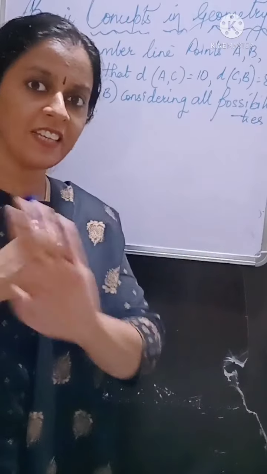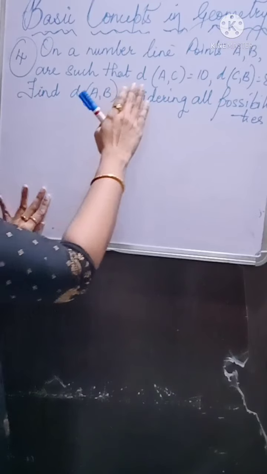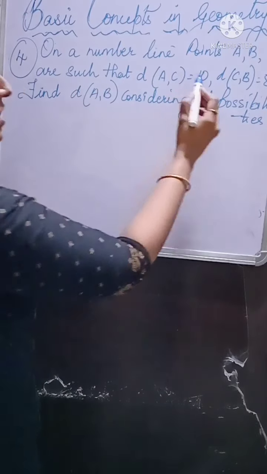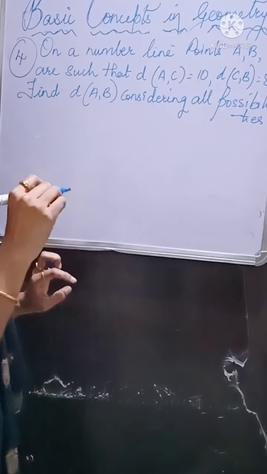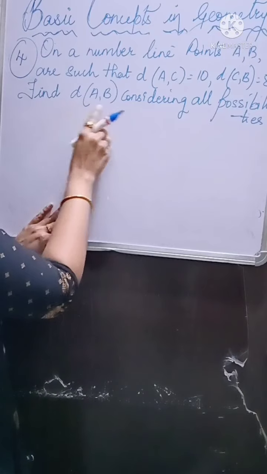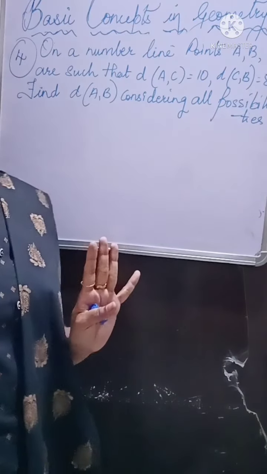Here it is not given like that. They have only said A, B, C. These points A, B, C are such that distance between points A and C is 10. Distance between point C and B is 8. Only two distances are given. Find the distance between A comma B considering all possibilities.